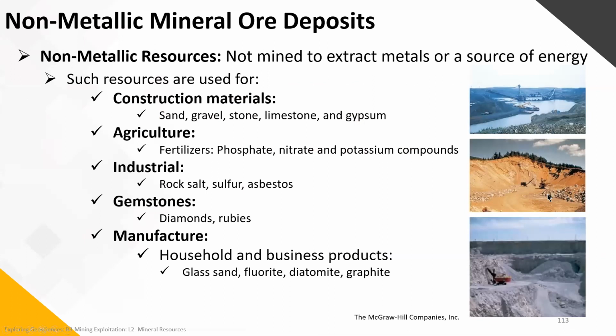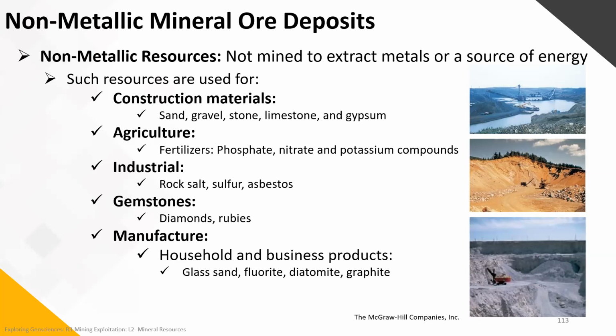For the non-metallic resources, not mined to extract metals or as a source of energy, they are used for construction materials, such as sand, gravel, stone, limestone, and gypsum. They can also be used for fertilizers containing components like phosphate, nitrate, and potassium for agriculture.